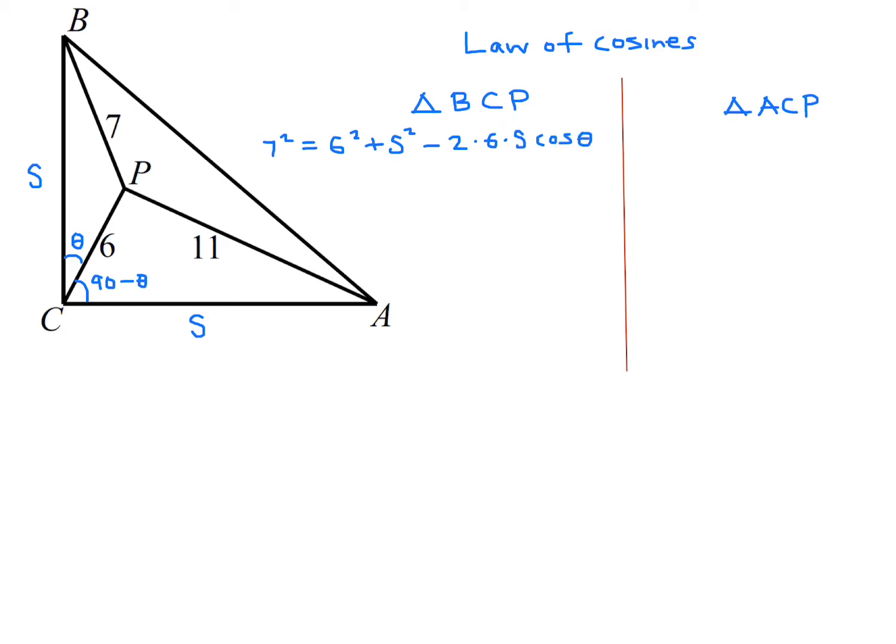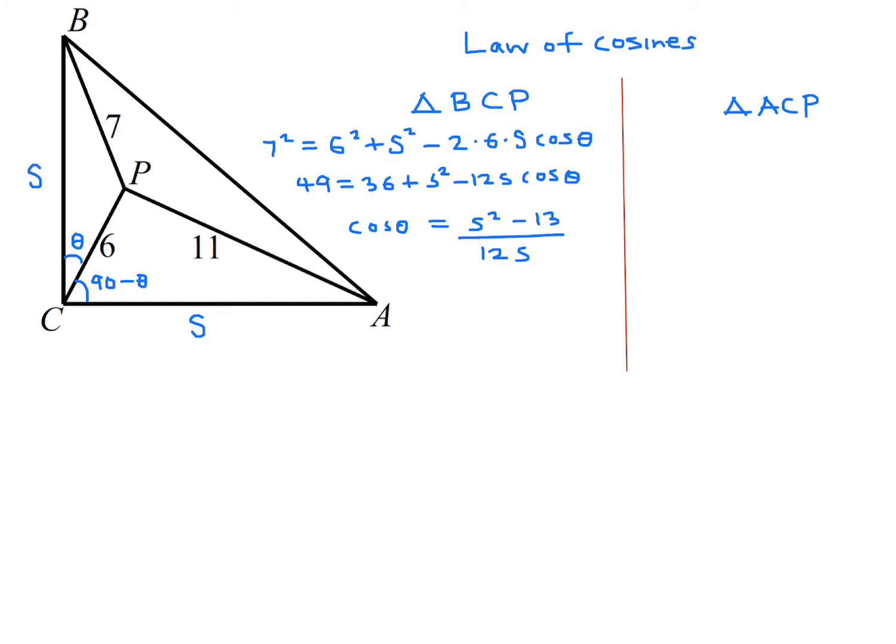Okay? And this simplifies to 49 is equal to 36 plus s squared minus 12s cos theta. And isolating for cos theta, it will be cos theta is equal to (s squared minus 13) all over 12s. All right? So that's the first one.